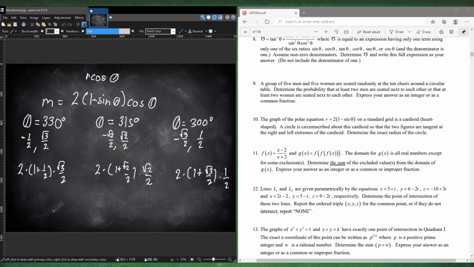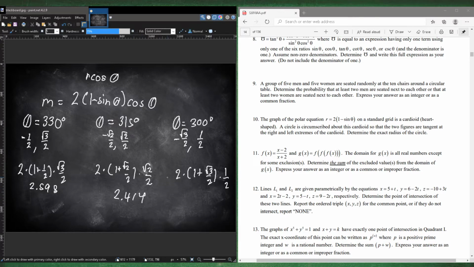So 2 times 1 plus 1/2 times square root 3 over 2 is about 2.598. This one, 2 times 1 plus square root 2 over 2 times square root 2 over 2, is equal to 2.414.